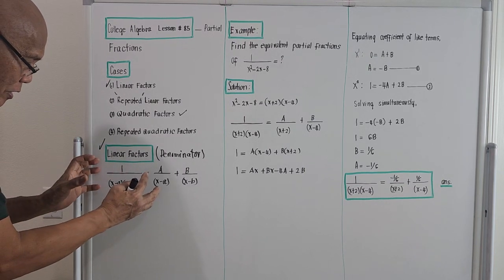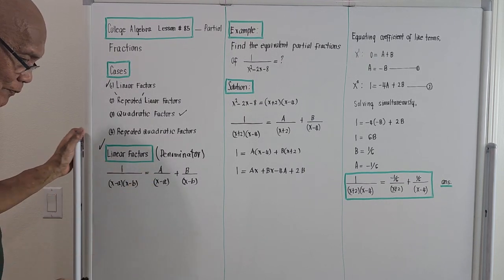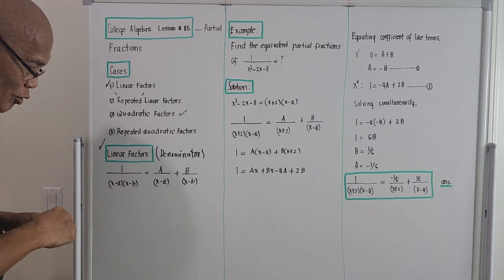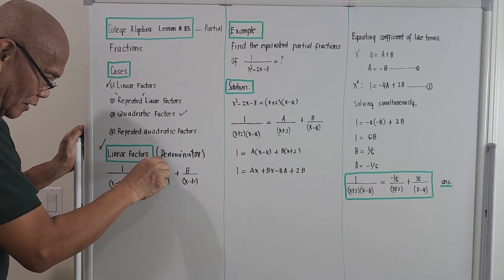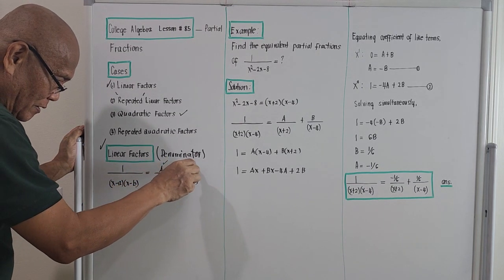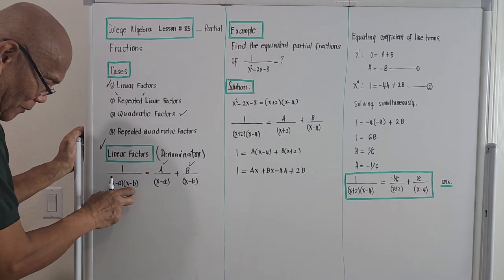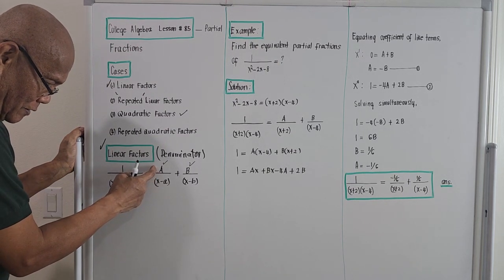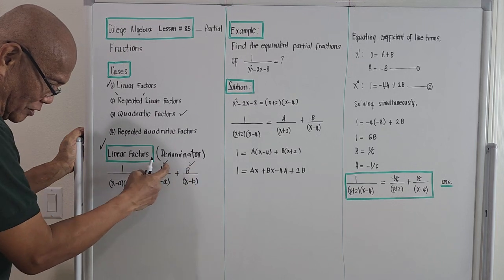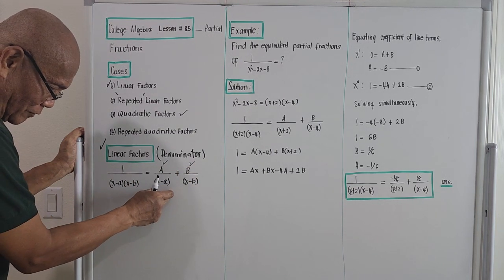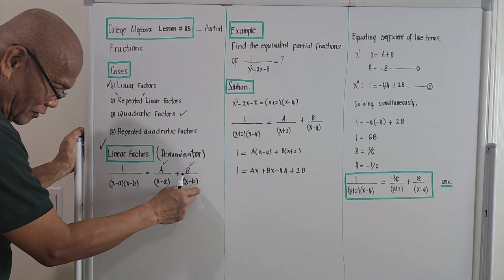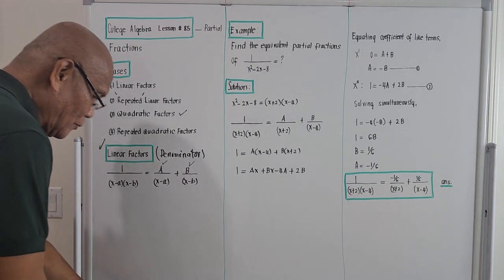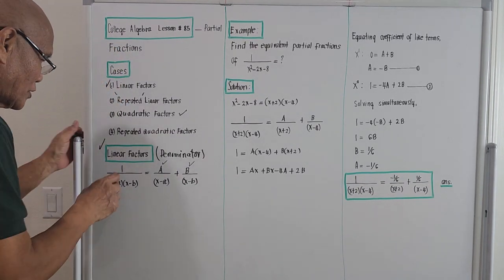To get the partial fraction equivalent, if there are 2 linear factors, there will be 2 coefficients on the right, A and B. Meaning, we must compute for A and compute for B. The A is under the first linear factor, and the B is under the second linear factor. So the setup for the form under case linear factors is this one.